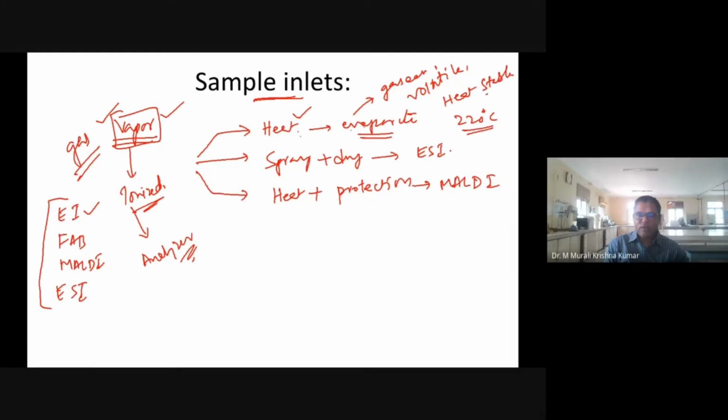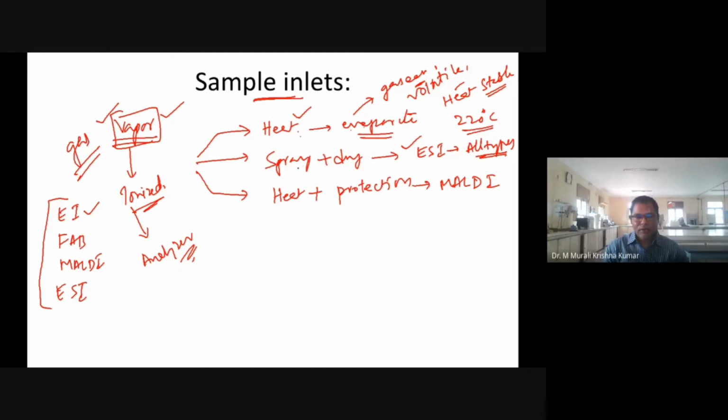All thermostable samples only can be analyzed over here. In electrospray ionization, we can make use of any sample which can be solubilized in a particular solvent which is evaporable. All types of medium polar samples can be used for electrospray ionization.